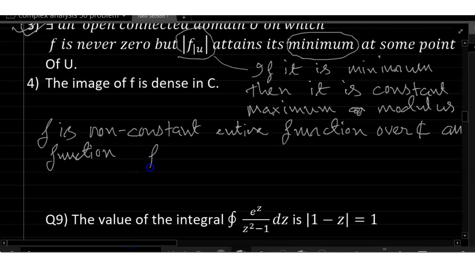So we take f(z) equals e to the power z, by the open mapping theorem, and f(z) does not equal 0.